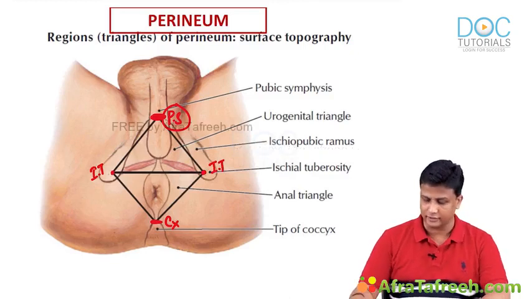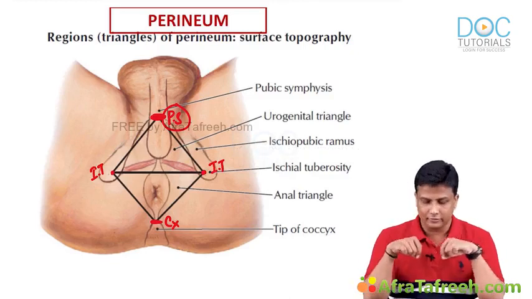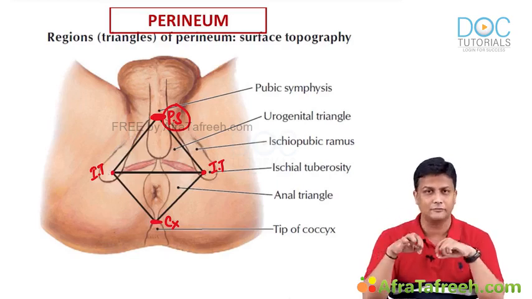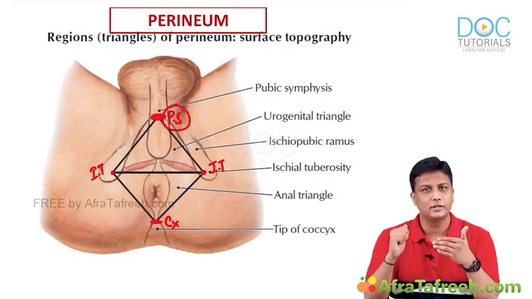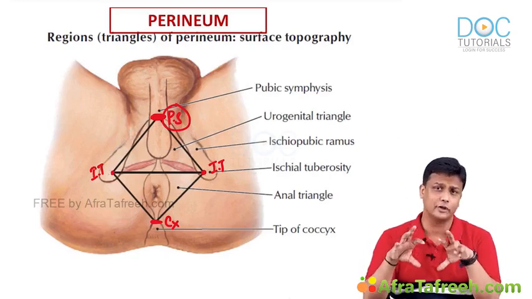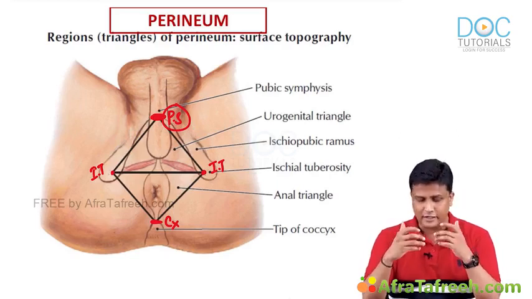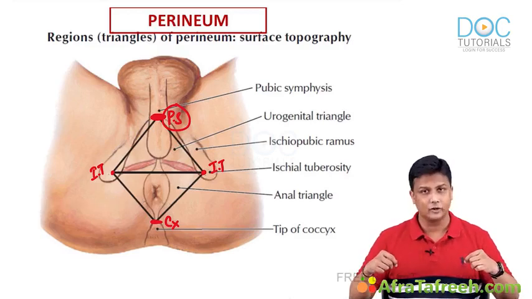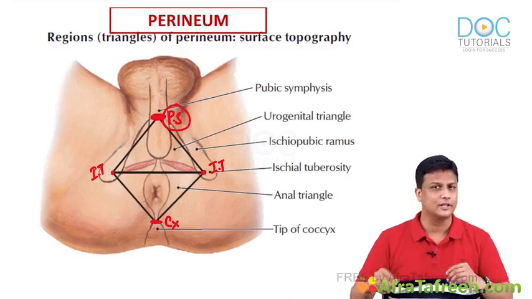If you join all of them, that will lead to the formation of the perineum, guys. That will be the boundaries of the perineum. So anteriorly the pubic symphysis, try to understand it is in lithotomy position there, guys. Posteriorly there will be the coccyx, and on the lateral side you'll have the ischial tuberosity on either side.